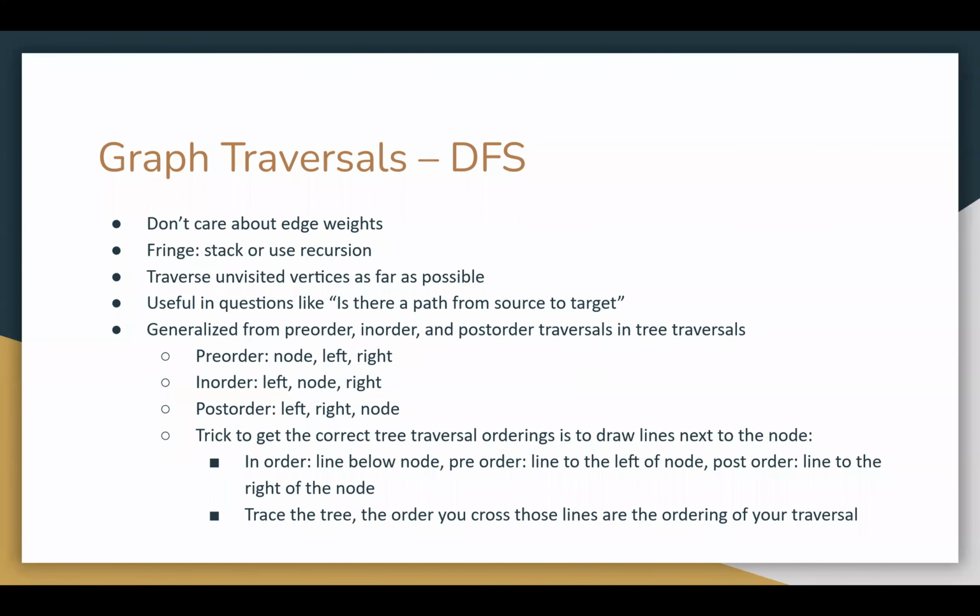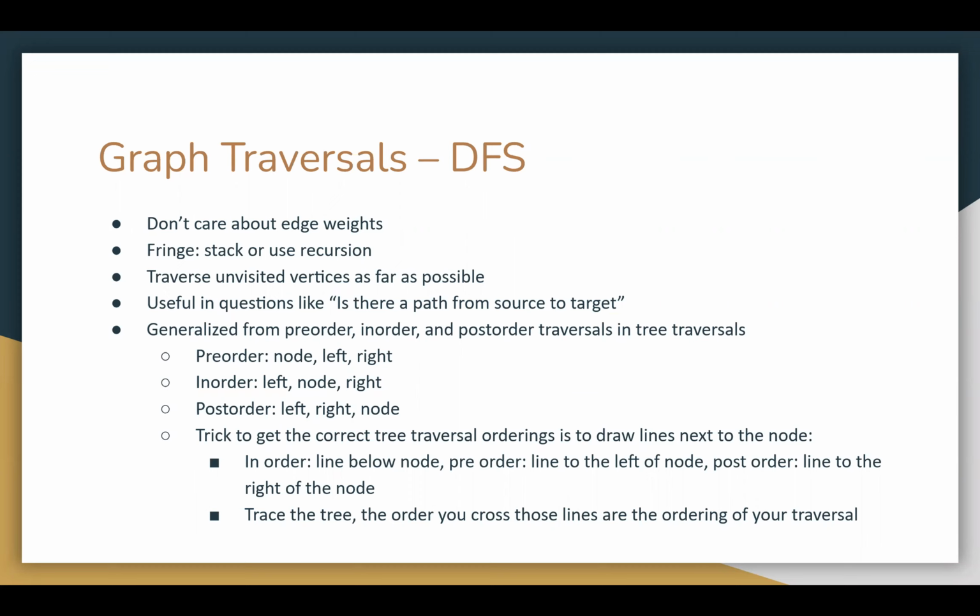Does anyone have any questions about this? Okay, and then we can talk about graph traversals. First we'll be talking about DFS, which stands for depth first search. For graph traversals like DFS and BFS, we don't care about edge weights. For DFS, we use a stack or we can use recursion.